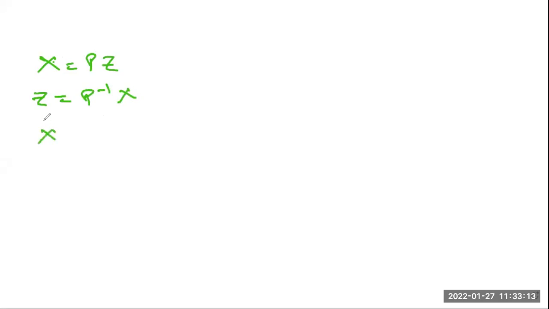So x dot will be equal to P into z dot. If you take the first derivative of x, x dot will be P into z dot. Is this statement clear to you? x dot equal to P into z dot. This is clear, right?